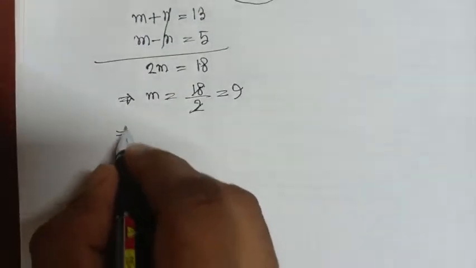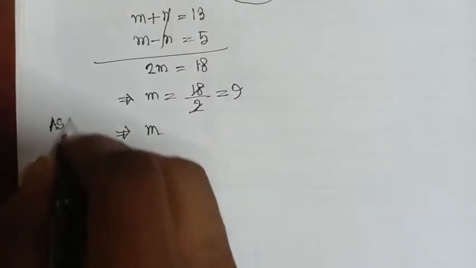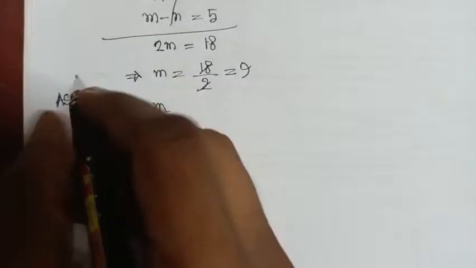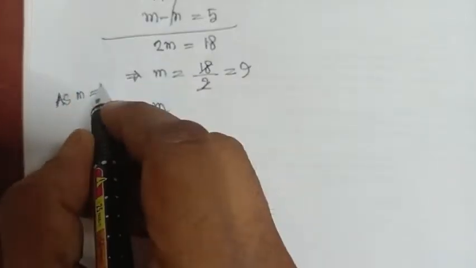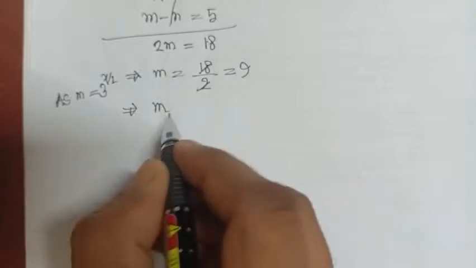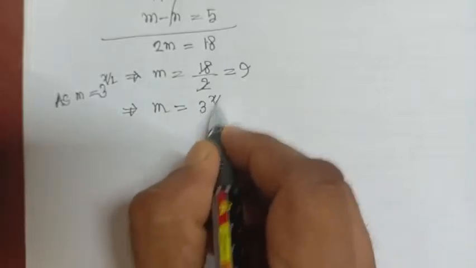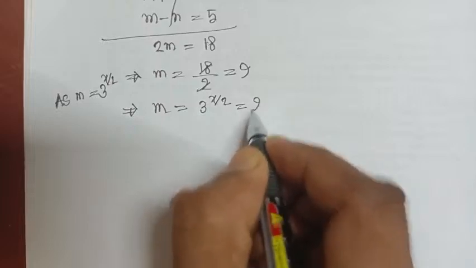Now we put the value of m, where m equals 3 to the power x by 2. So m equals 3 to the power x by 2 equals 9.